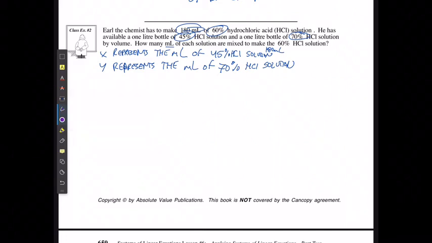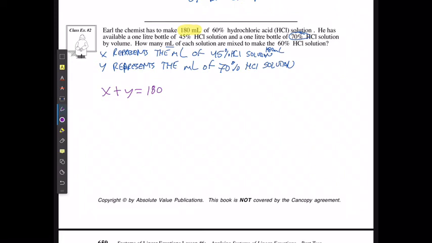Now I'm going to have my two equations. If I know the milliliters of one plus the milliliters of the other is going to equal the total milliliters that I'm going to use, which I can pull from here, then X plus Y is equal to 180.